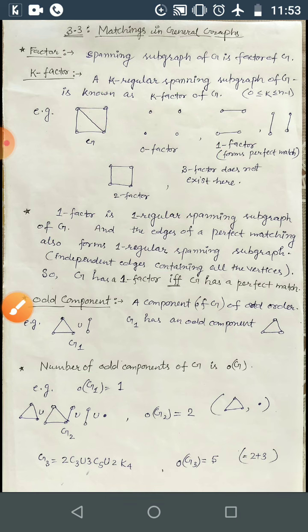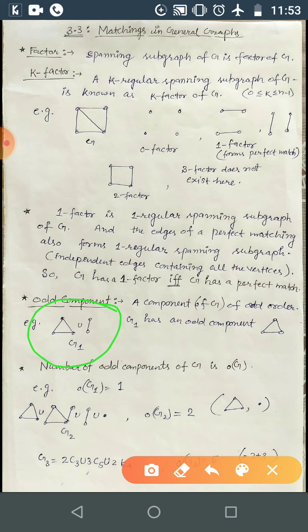So here for a graph G1, how many odd components? Only one, that is C3, and here small o of G is just 1, correct. Likewise you can take this example G2. Here it can consist of C3, K2 and K1.